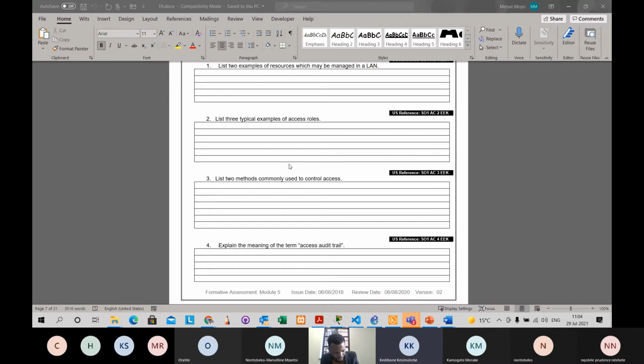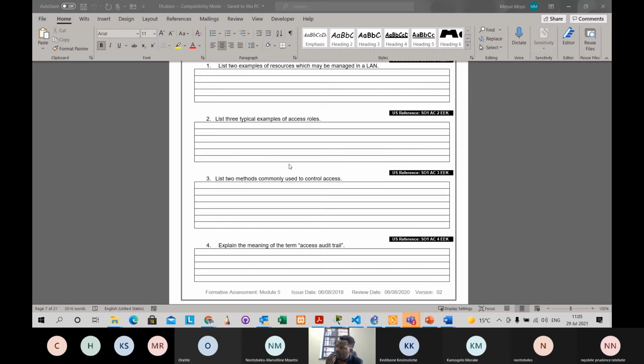Because right now I can hear you saying that discretionary access control is when the owner of the resources assigns or gives permission to different people. Then with role-based control, is it different from discretionary access control, or are they the same? Yeah, it is different. The 2 are different.